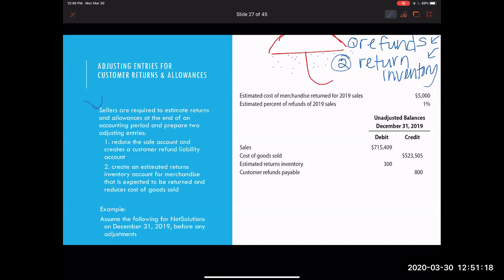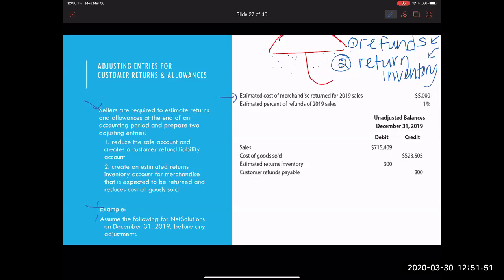Now here's our example. It says, assume the following for Net Solutions, that's who we are, we're selling things, on December 31st, 2019, before any adjustments. They're saying that their estimated cost of merchandise return for 2019 will be $5,000. And this could be based off of prior experience or prior year's information.